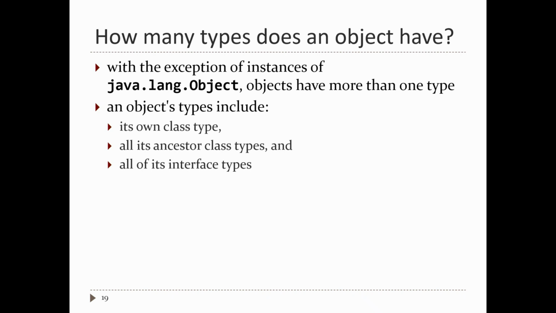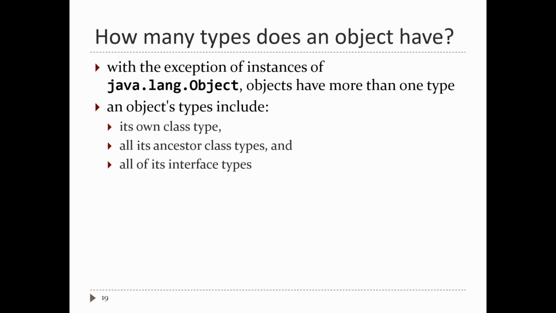And so this leads into the discussion of what's called polymorphism. The question here is, if you have an object, a reference, or an object, how many types does it actually have? In Java, unless you have a big O Object, all objects have more than one type. The types of an object include whatever class it is.